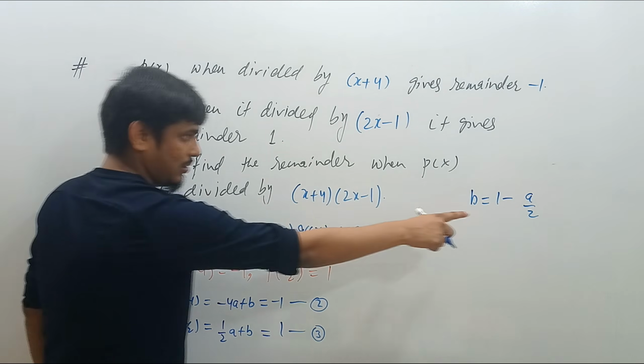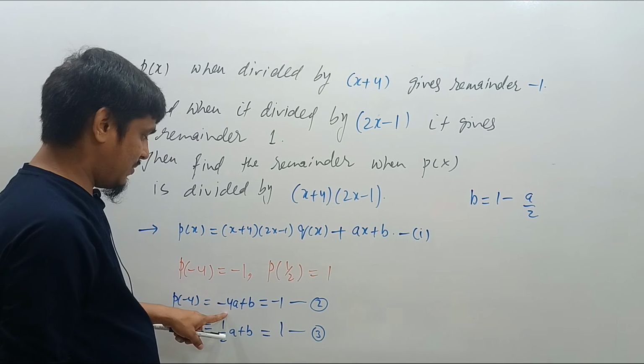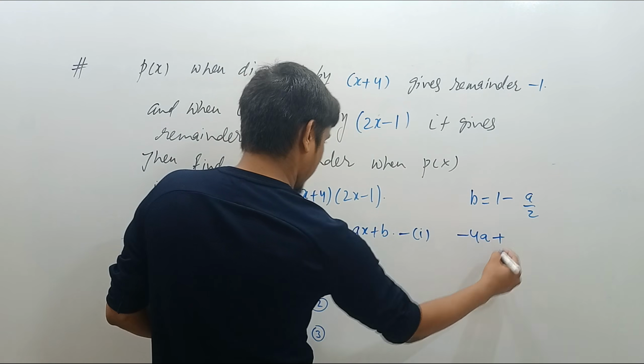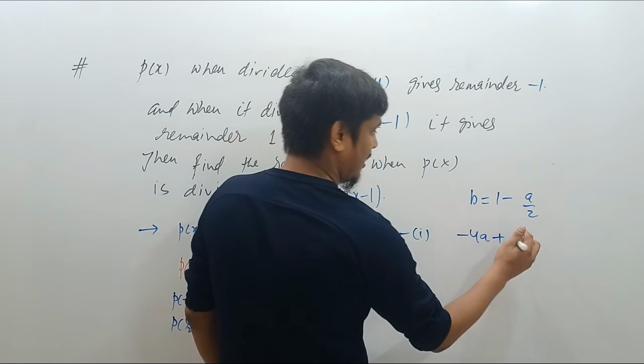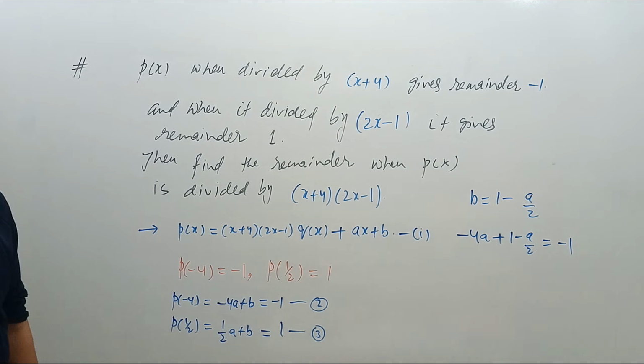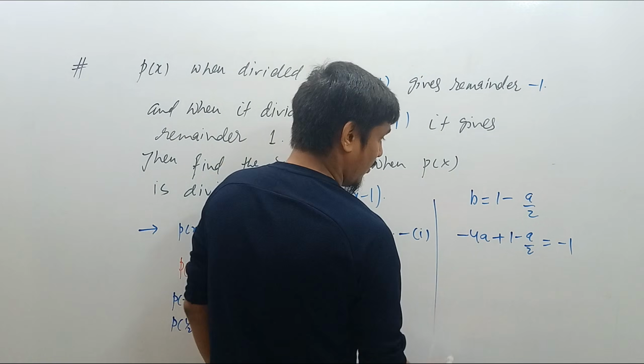This value I'm substituting in the second equation: minus 4a plus, in place of b, 1 minus a by 2, which is equal to minus 1. Now this is an equation in one variable, so we can find the value of a.